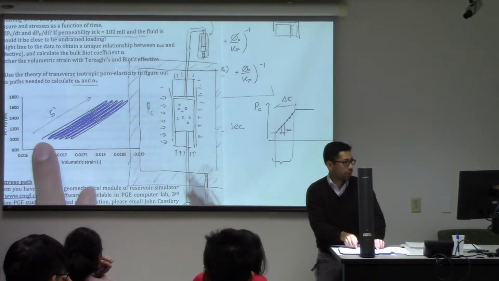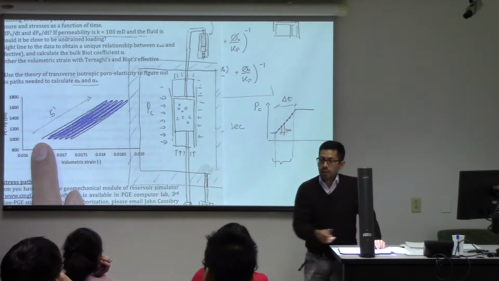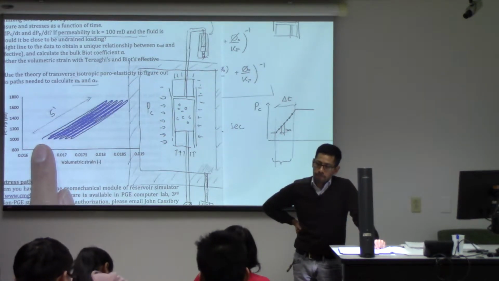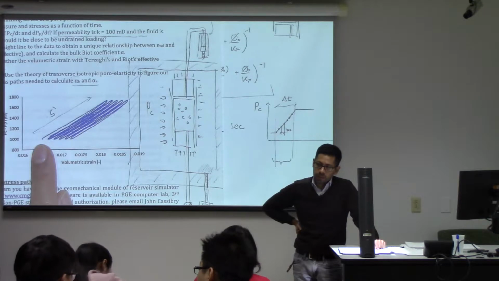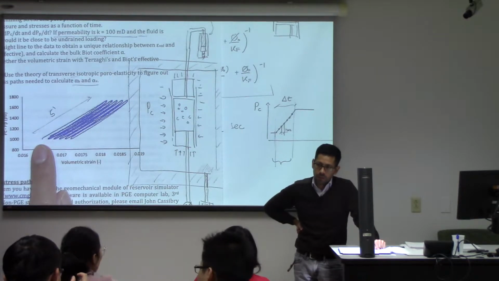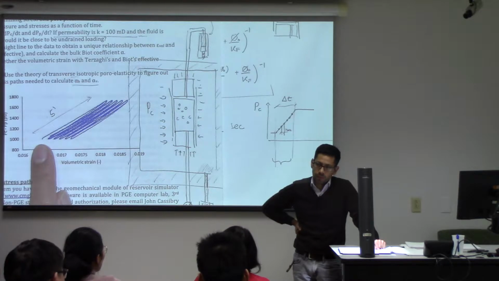But my point is, say right now you're recording the pressure change at every 1 second. Now, if your characteristic time is about 2 seconds, you don't have enough time between every step for the pressure to equilibrate.